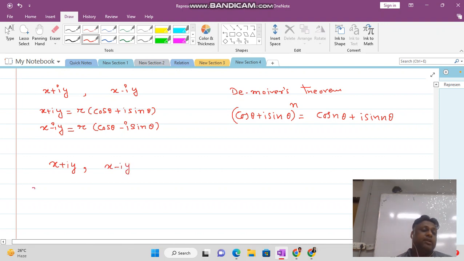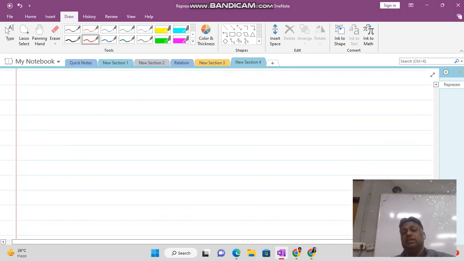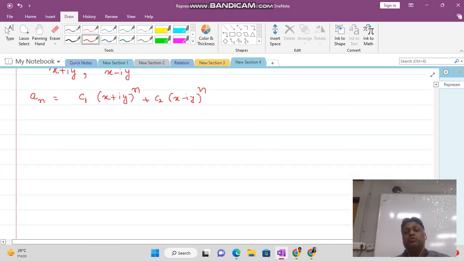For different roots, we write the solution like this: c1 into x plus iota y whole raised to the power n, plus c2 into x minus iota y whole raised to the power n. Now convert x plus iota y to polar form.